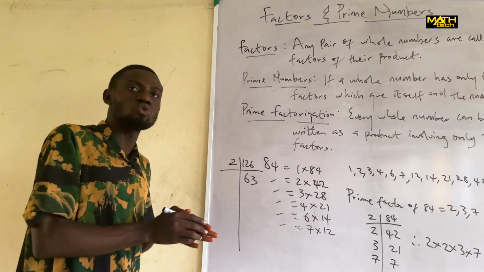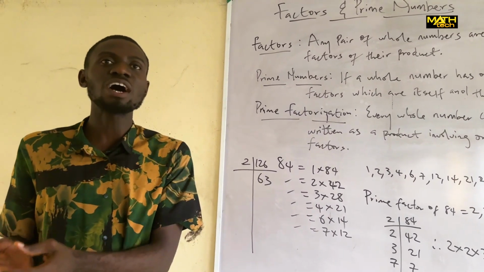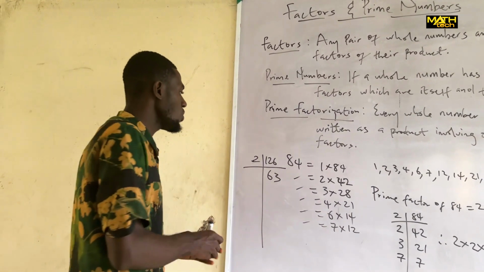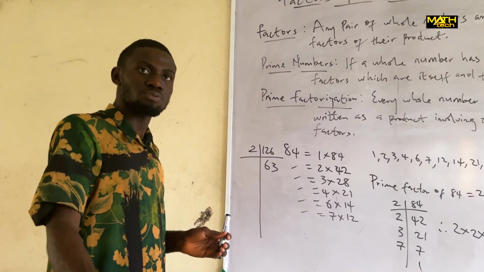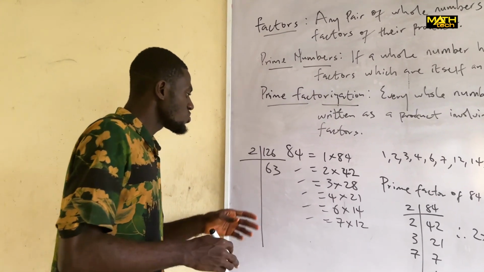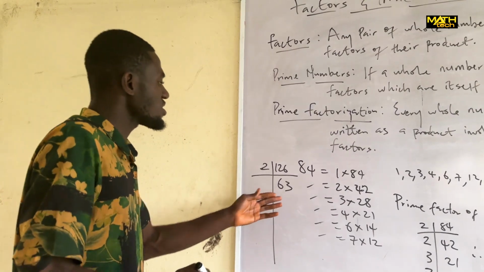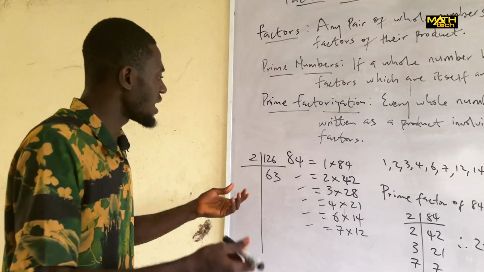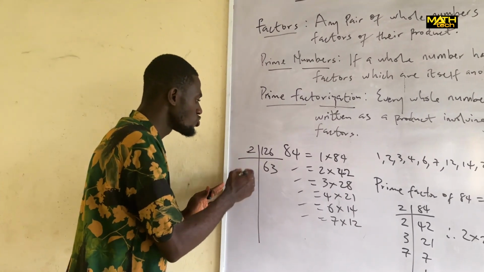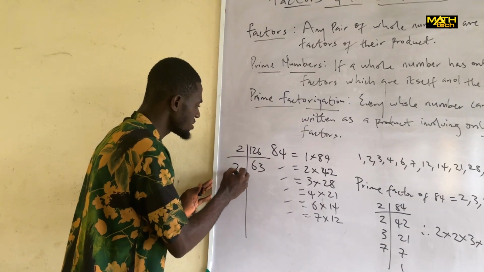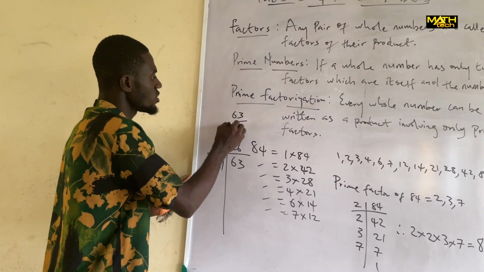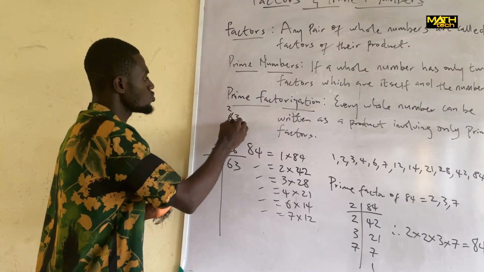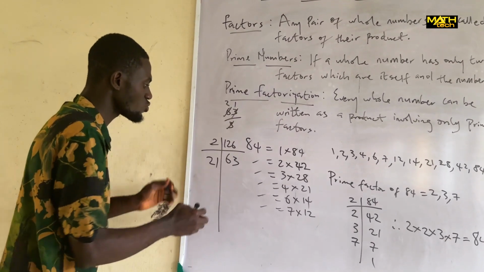63 divided by 2 will give us a value with a remainder. So we check the next least prime number, which is 3. 63 divided by 3 gives us 21.